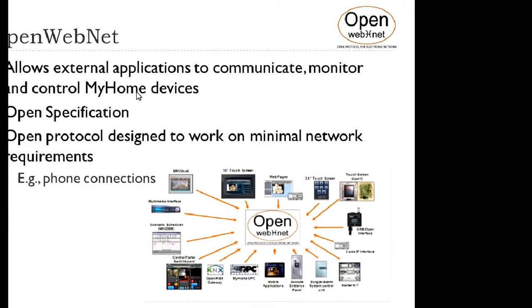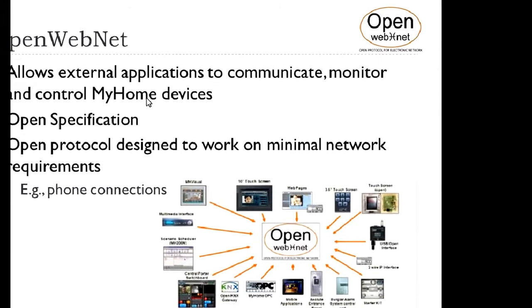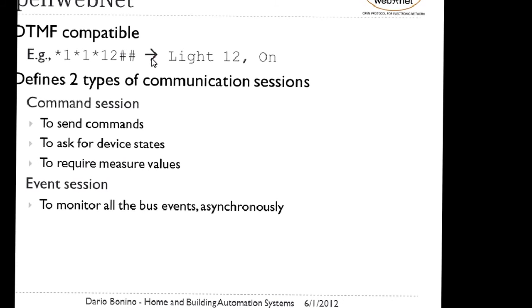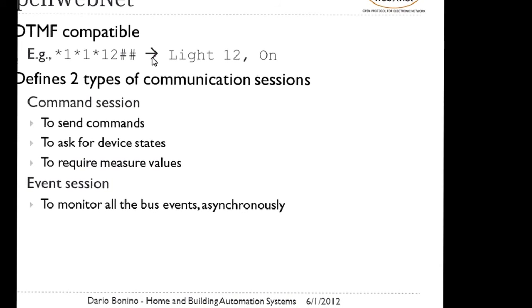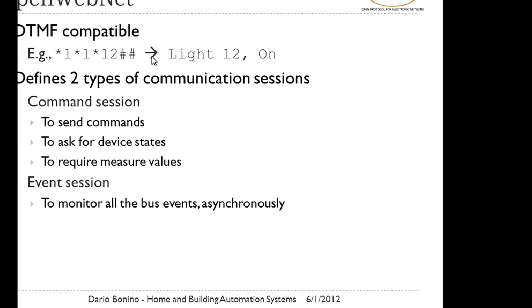Okay, and that's why this protocol is pretty distant from a computer-based protocol. Okay, it's much more like the protocol we use for opening doors, for example. If someone is ringing me from the door, I just hit *1* for opening the door. And this is exactly the kind of communication used by the OpenWebNet protocol.